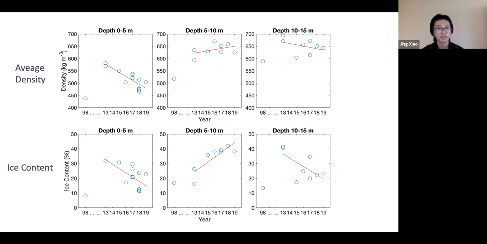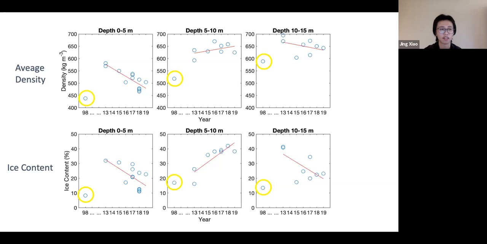Here the top row is the temporal change of average density for the 3 depth intervals of all the cores, and the bottom row is the temporal change of ice content. The red lines are the trend lines fitted to the 2013 to 2019 data, and the 1998 core is clearly an outlier here.